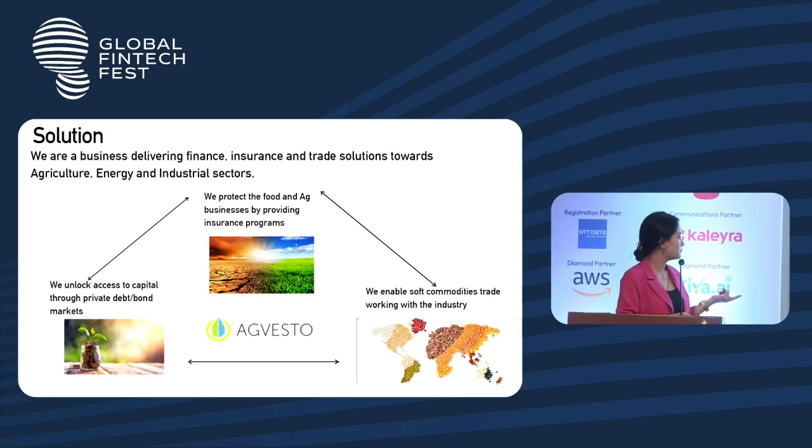First, mobilization of capital. Second area is providing insurance for crop protection, rural health, machinery, logistics, and trade credits. And in third area, we are focusing on trade exchange. So this is what, as Agvesto, we are working on.